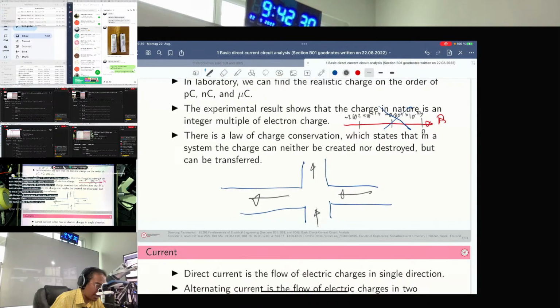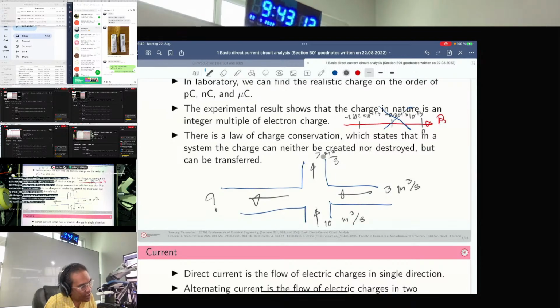Okay, if the water flow rate at this side is 3 cubic meter per second, and here you have 10 cubic meter per second, and here you have 7 cubic meter per second, and here, for example, I don't know what the water flow rate on the left side is.